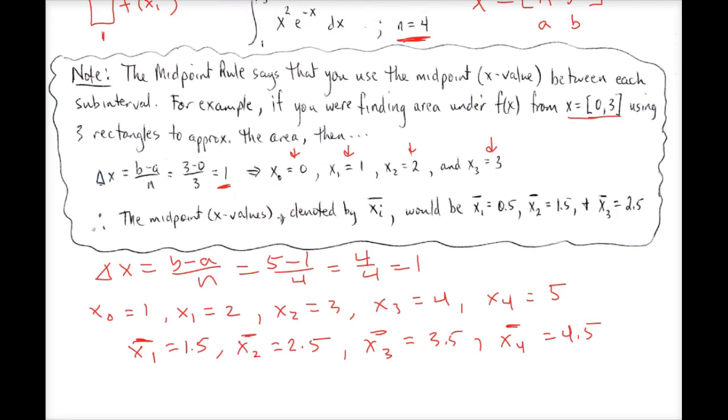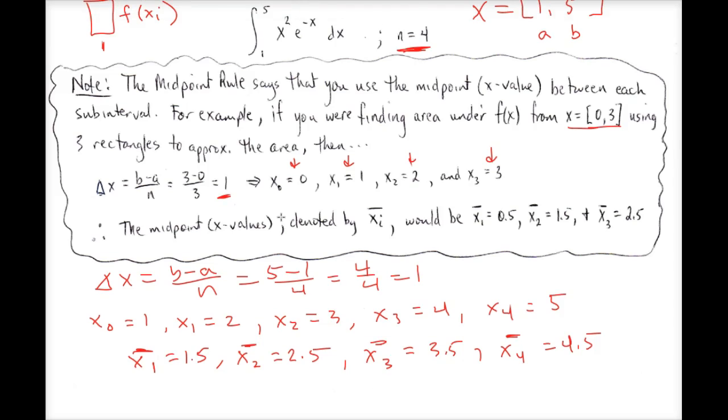Moving on down, from that we have f of 1.5, f of 2.5, f of 3.5, and f of 4.5 that we need to find.